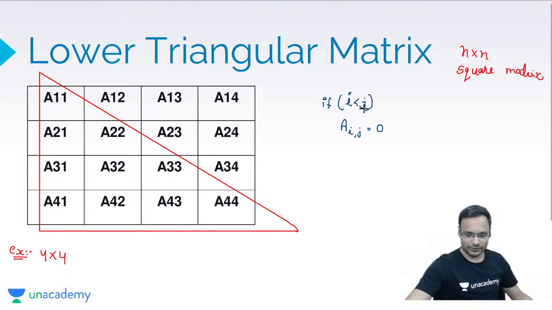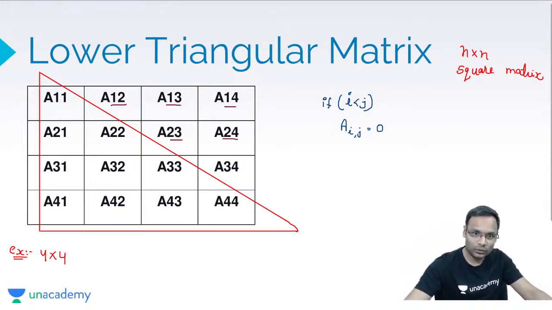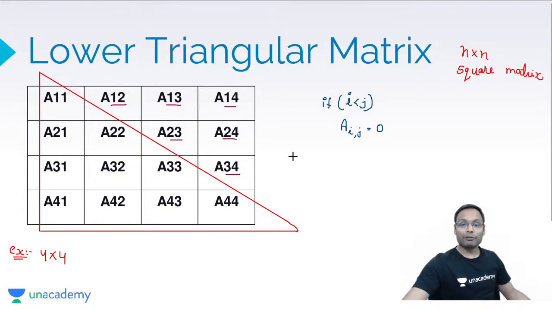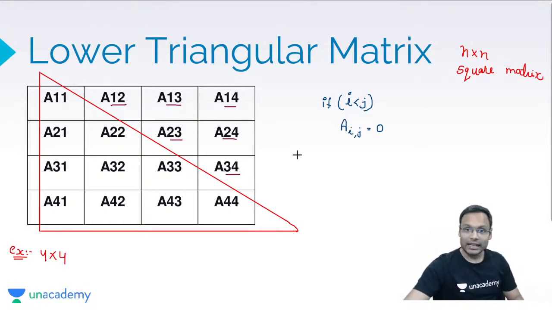You can see this: 2 less than 3, 2 less than 4, 3 less than 4. If i less than j, then A of i, j is equal to 0.